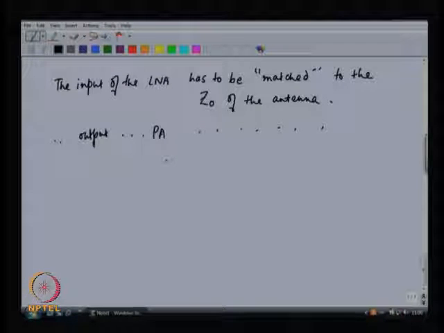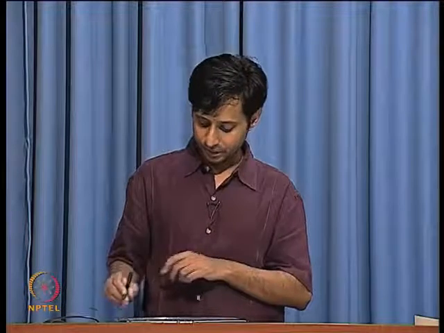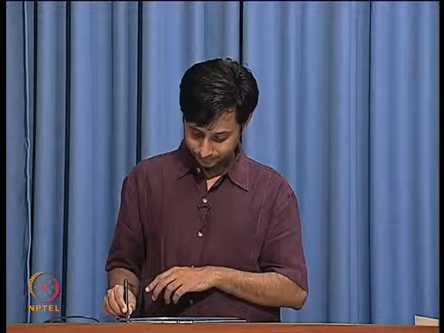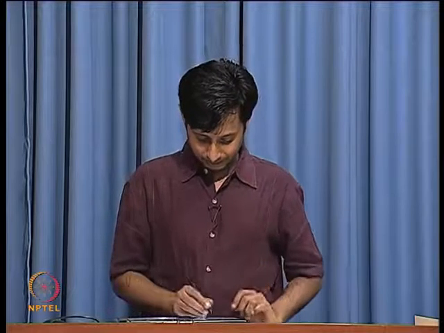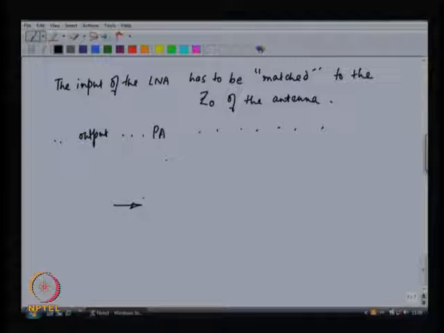So, when we are going to design our low noise amplifier, or when we are going to design our power amplifier, the input or the output impedance of these two structures have to be matched to the characteristic impedance of the antenna. Okay. What else? So, I have my low noise amplifier.